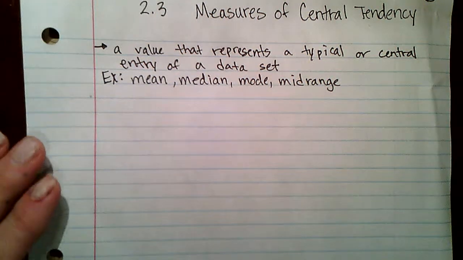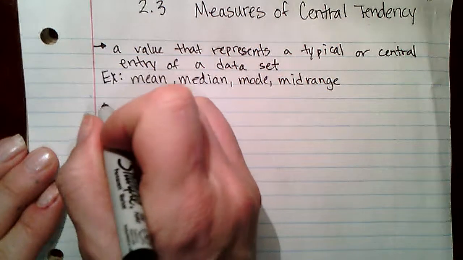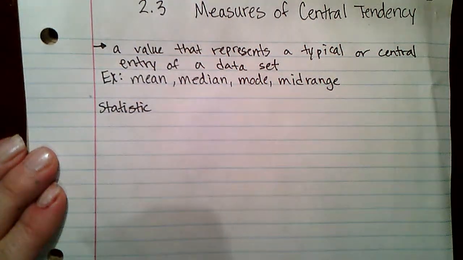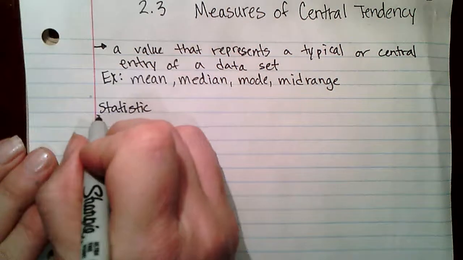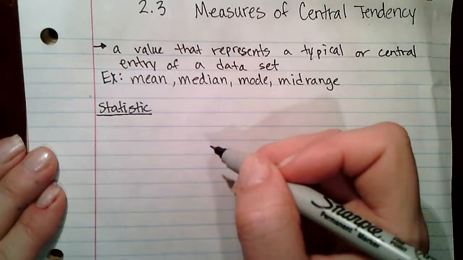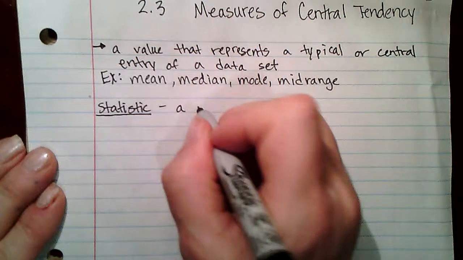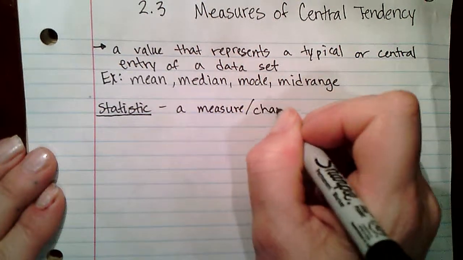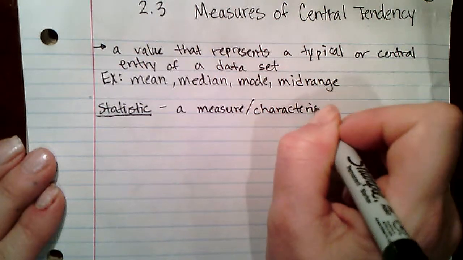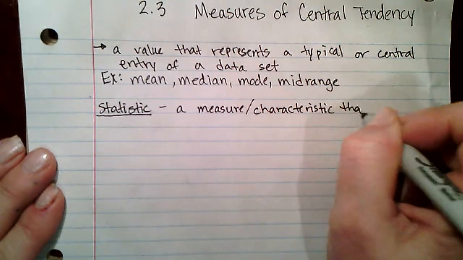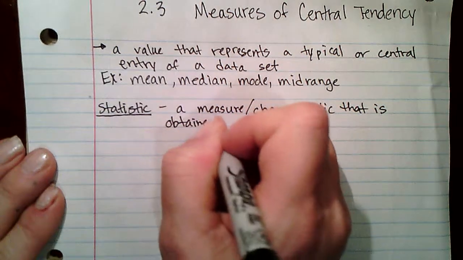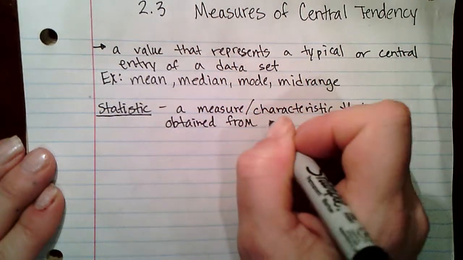So let's just as a refresher go over the terms statistic and parameter and get a little bit more detail. Remember that a statistic is a measure or characteristic that is obtained from a sample.